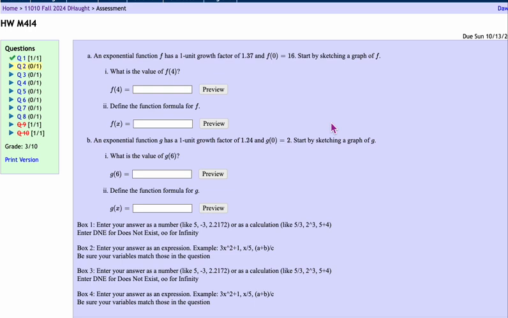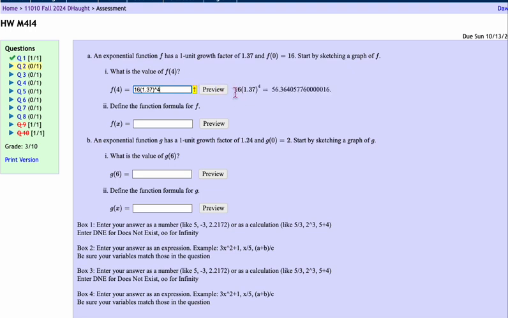So in this case, we would plug in 16 times 1.37 to the fourth power. I'm going to let iMath do that. So it's 16 times 1.37 to a power of 4 because my input is 4.